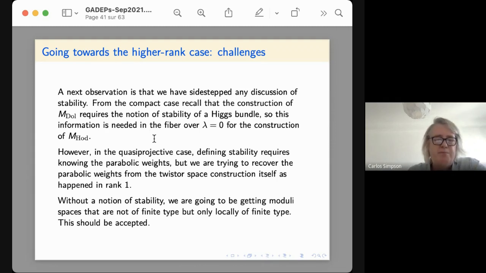But the project here, as you can see from the discussion of the rank 1 case, is to somehow extract the notion of parabolic weight from this construction of the twistor space. So we don't want to use the notion of parabolic weight itself in the construction of the twistor space, at least for aesthetic reasons. In that case, we're going to get moduli spaces which are not necessarily of finite type, but maybe only locally of finite type. I would claim that this should be accepted, which is to say we are going to have moduli spaces that are only locally of finite type. Okay.